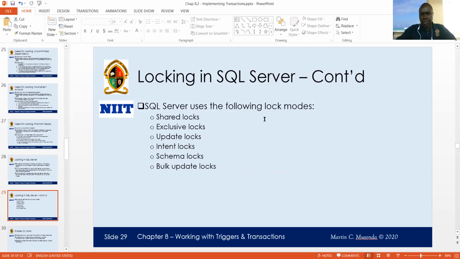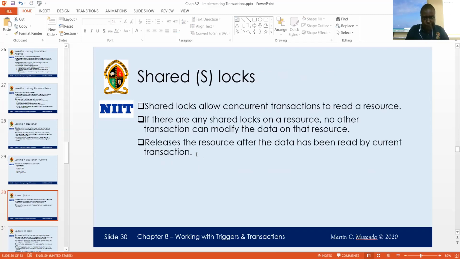There are a number of lock modes which are supported in SQL Server. The shared locks, exclusive locks, update locks, intent locks, schema locks, bulk update locks. I'll quickly run through this.